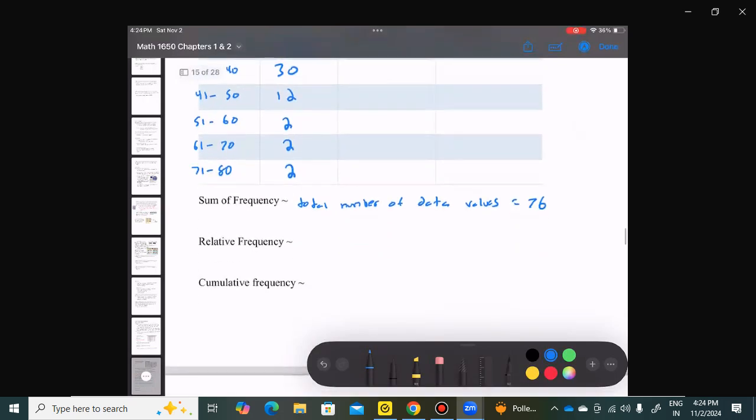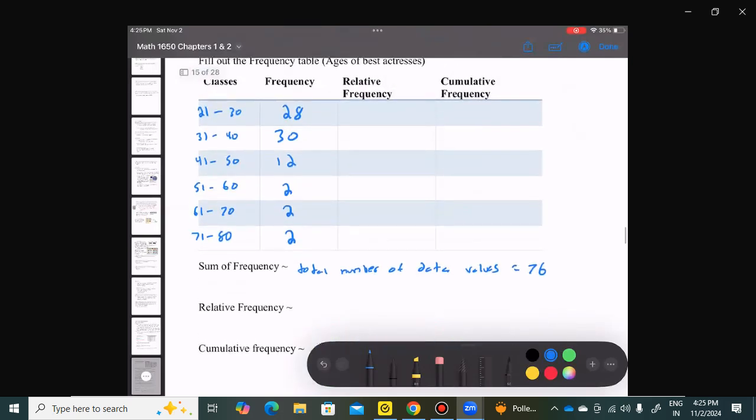Before we do the relative frequency, let's look at the cumulative frequency because it's easier. This is the sum of the frequencies for that class and previous classes. So it's basically a running total. It's also one way you're going to find the sum of your frequencies.